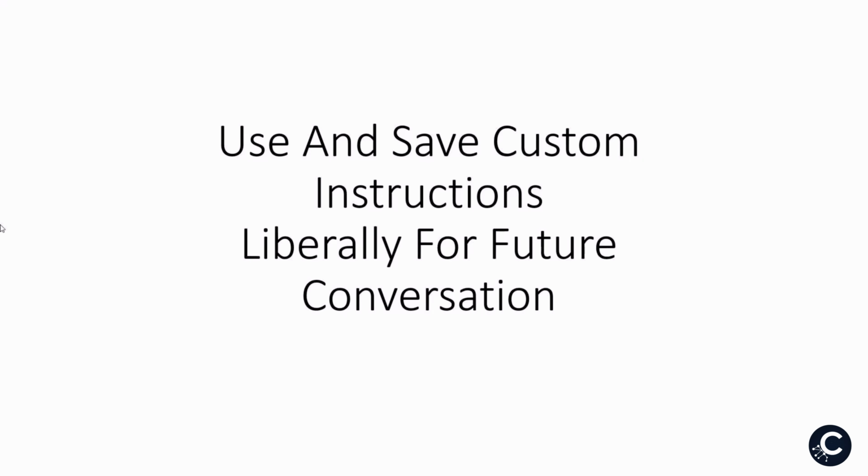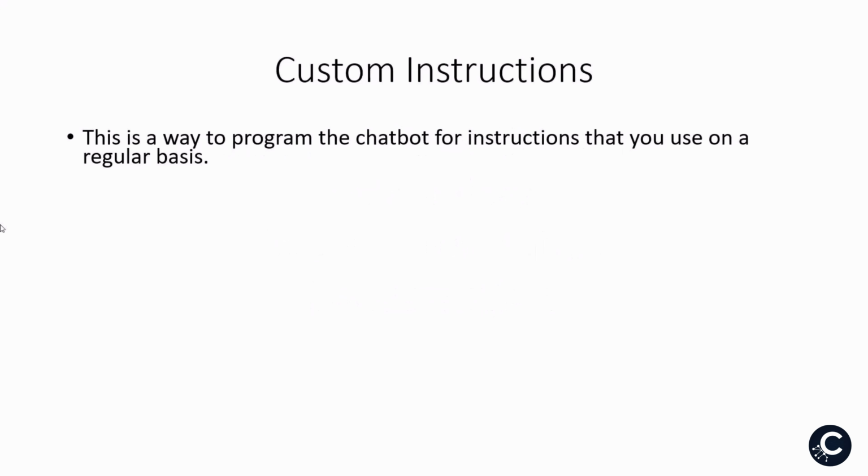This is a way of programming the chatbot for instructions that you use on a regular basis. So if you are always telling the chatbot, this is what I do for my business, or here's what I want to do in this section, and you find yourself saying that over and over again in different conversations, you want to create a conversation with those custom instructions.